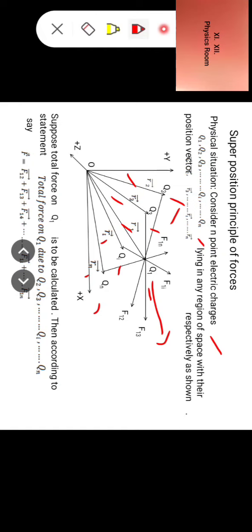Then according to the statement, total force on Q1 due to Q2, Q3, Qi and Qn would be say F equal to F12 plus F13 plus F14 plus F1n. So this will be the linear vector sum of all the forces that are exerted on Q1 individually by Q2, Q3, Qi, Qn, etc.